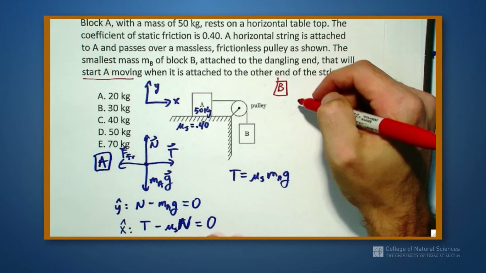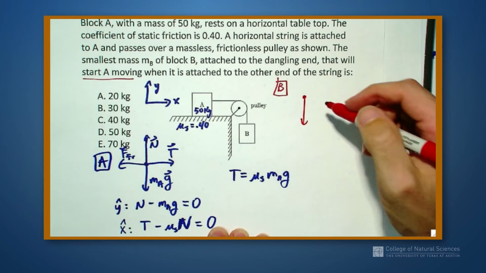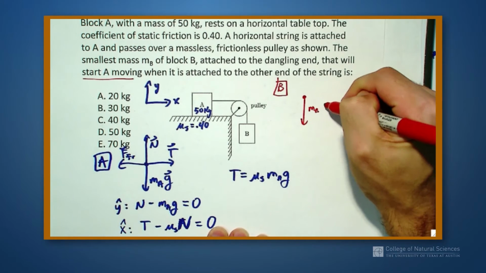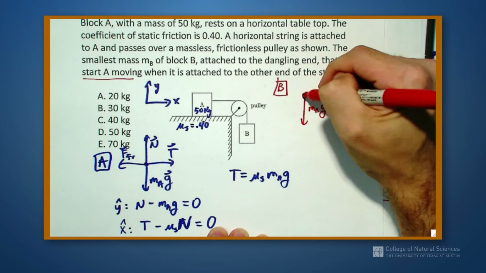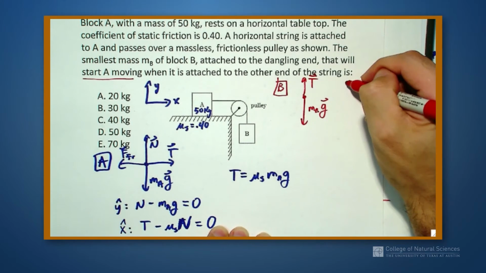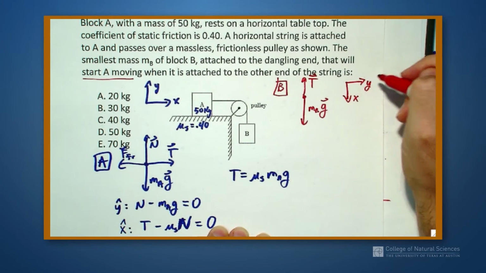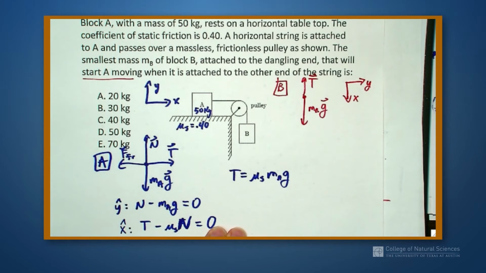So block B, I'm going to say this has a free body diagram. It has a weight force down and a tension force up. And I'm going to say that my y direction and my x direction are now in these coordinates.